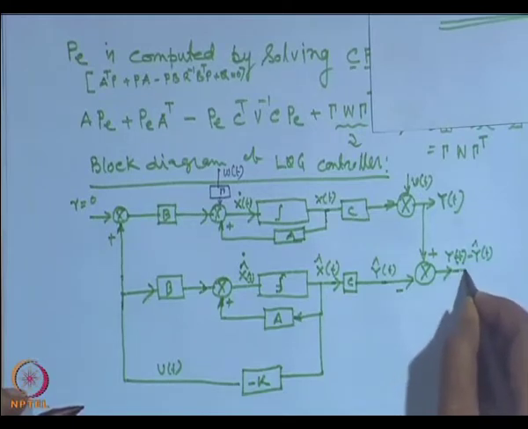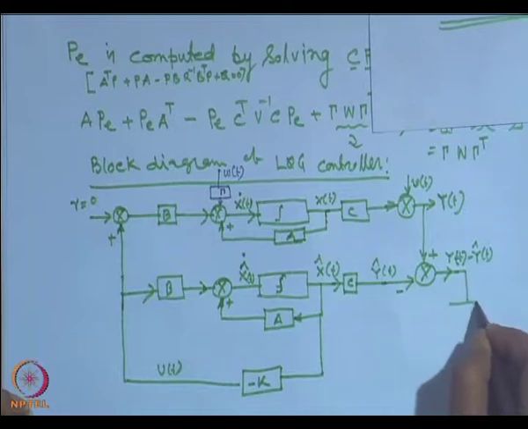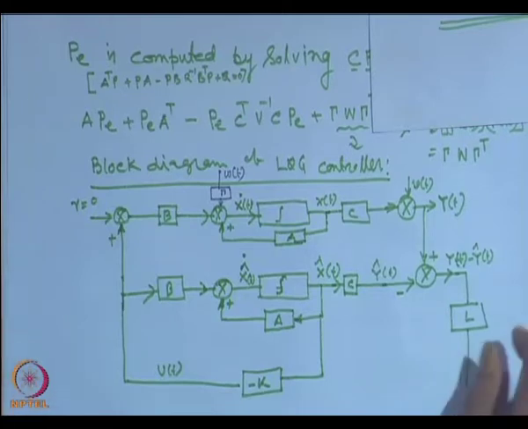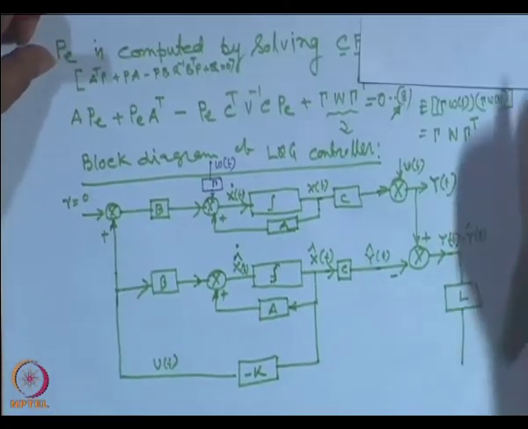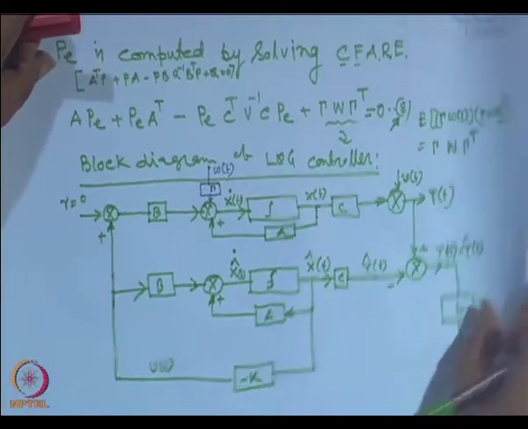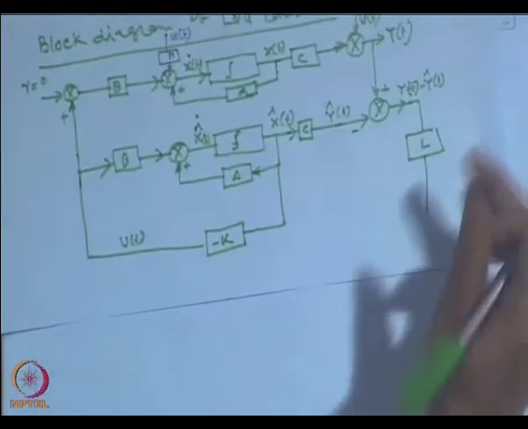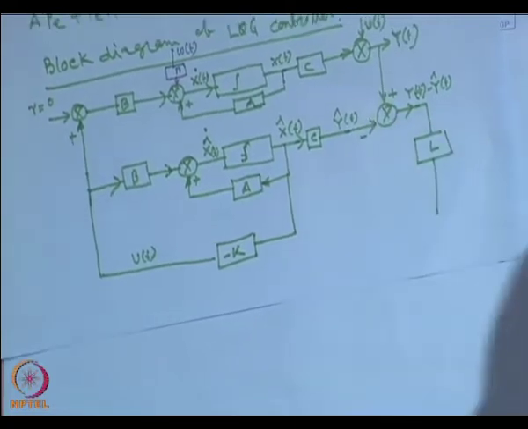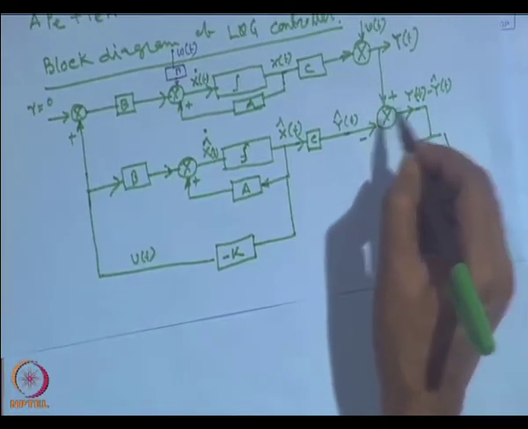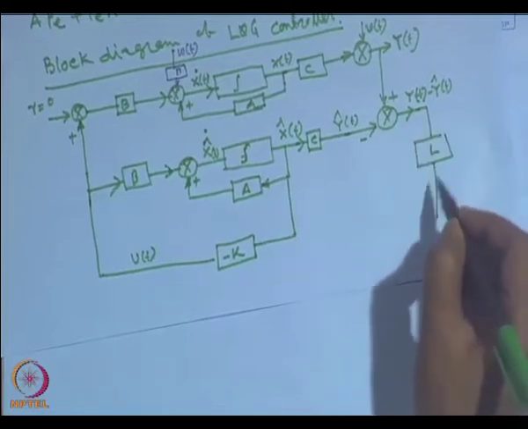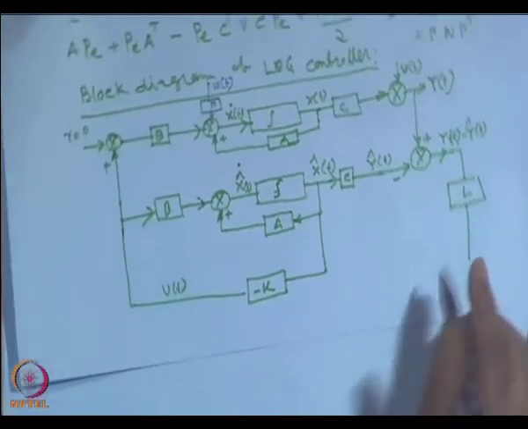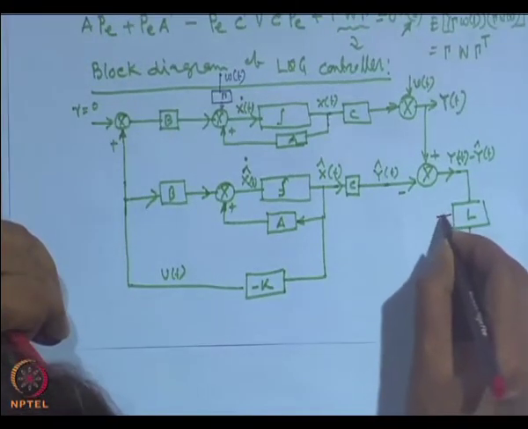Again, this will go to the Kalman gain L. So, that L will come, and I will show it in red. This is the Kalman gain.